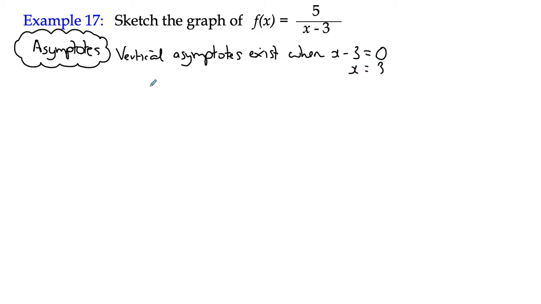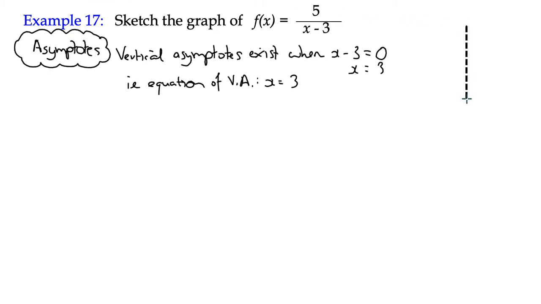What does that mean? It means that the equation of the vertical asymptote is x equals 3. In other words, x equals 3 is now not just an x value, it's now the equation of the line. But that means straight away that we can introduce a dotted line.